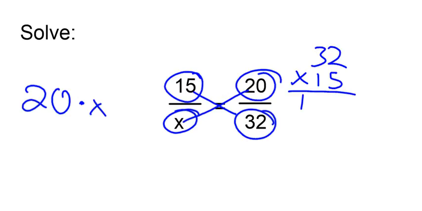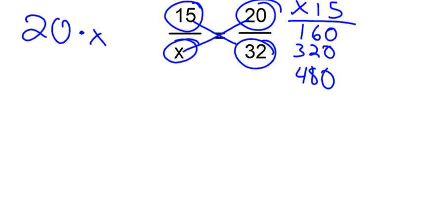And so we get 160 plus 320, which gives us 480. So our new problem tells us that we have 20 times x equals 480.